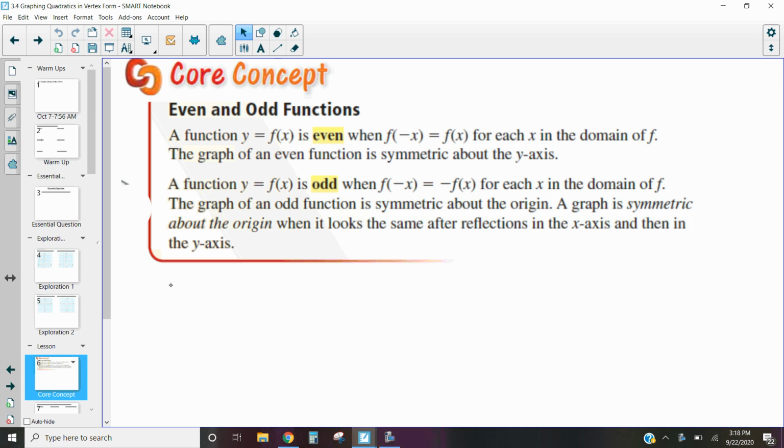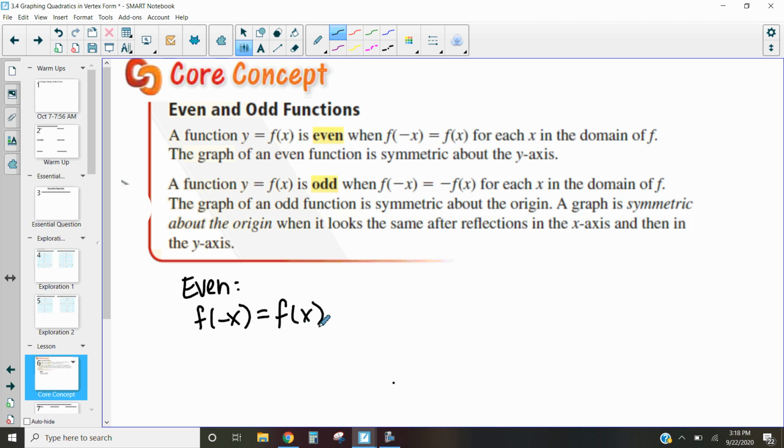If this is an even function here, there are two things about it that are special. First, if I put negative x into my function, then my output is going to give me the same thing that I had originally.